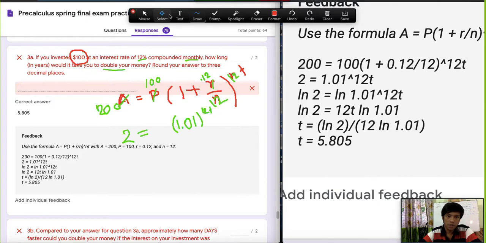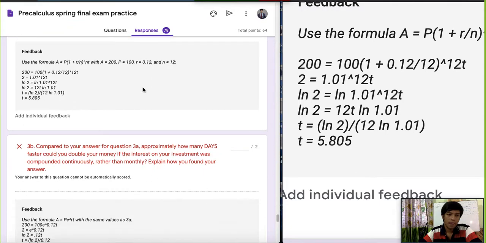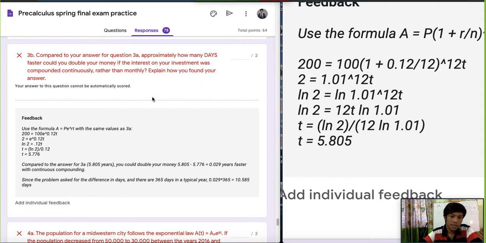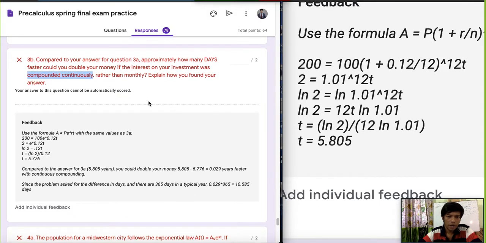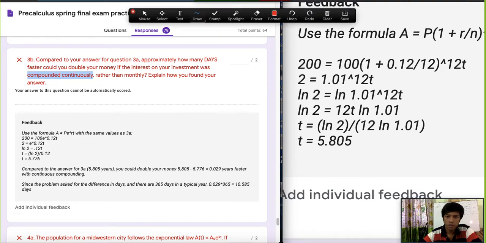Let's go to the next one, and the next one is now compounded continuously. This part is compounded continuously. And for continuous compound, we have a formula.